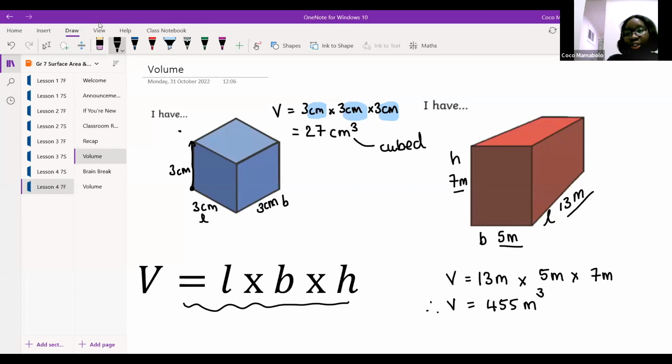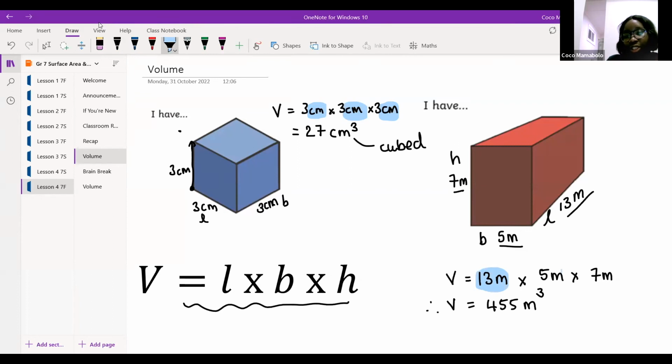So you're going to take your length. What is my length here, Mohale? 13 meters. Good. So I'm going to put down 13 meters and multiply it by my breadth, which is how much? 5 meters.